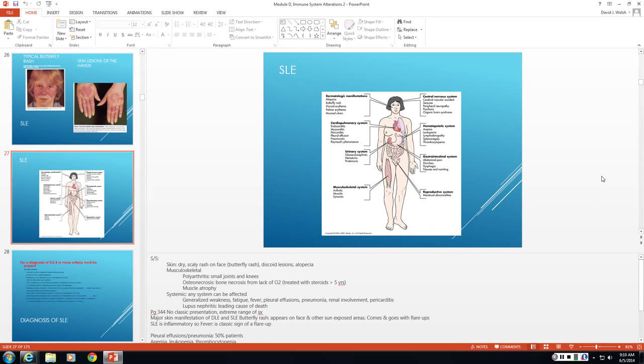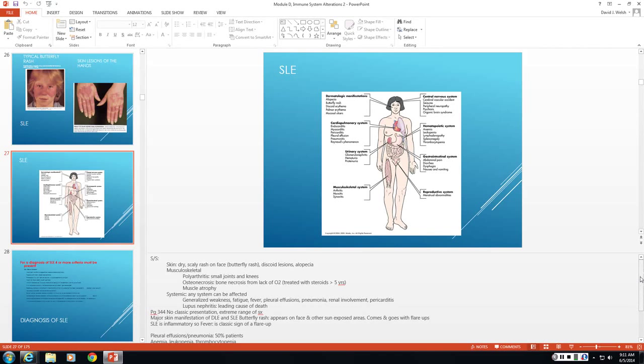The major manifestation, I guess you'd say, the butterfly rash on the face, comes and goes with flare-ups. With a flare-up of SLE, usually you're going to have fever with that.